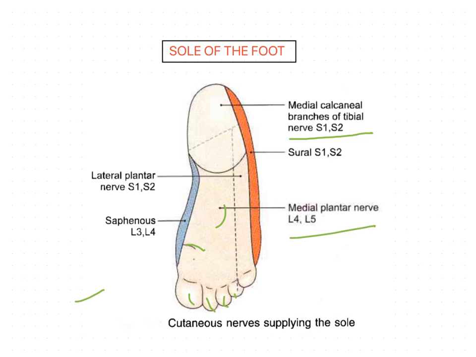The next one is the branches from the lateral plantar nerve, which supplies the smaller anterolateral portion, including the lateral 1.5 digits.